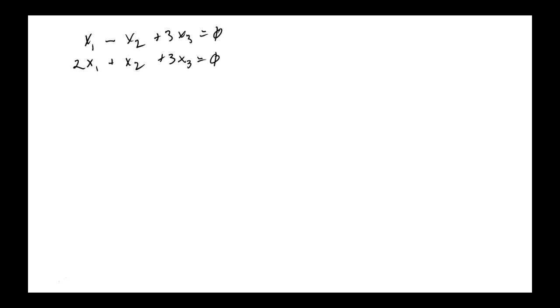As we already noted, these are guaranteed to have a solution: x1 equals 0, x2 equals 0, x3 equals 0. That will always work because whatever you multiply by them, they always add up to 0. So these always have at least one real solution. The question is, do they have any others? So we're going to do Gauss-Jordan elimination to see.